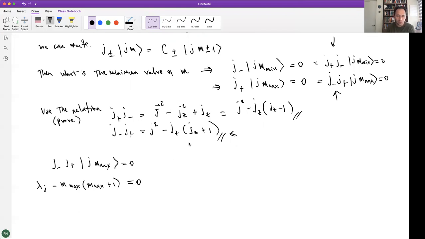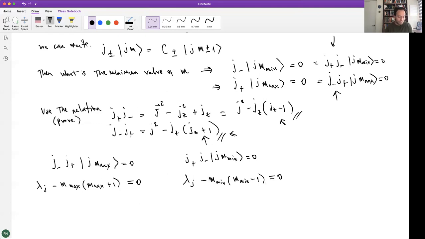Why? Because we used this relation. On the other hand, we have that J plus J minus acting on J M minimum is equal to 0, and using this relation means that this has to be equal to lambda J minus M minimum times M minimum minus 1, which also has to be equal to 0.